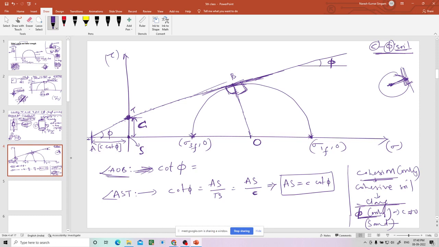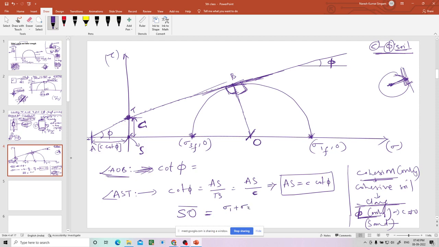Now can one of you tell me what is the distance between S and O in terms of sigma 1f or sigma 3f? I am asking what is SO. You know up to here is sigma 3f. It is sigma 1 plus sigma 3 divided by 2.